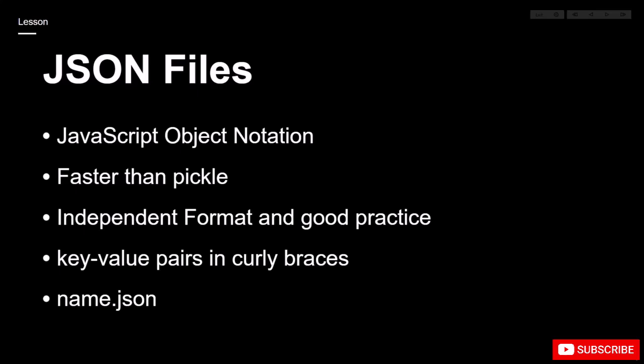JSON stands for JavaScript Object Notation, and this is the extension for any JSON file. You can create a JSON file using Notepad, using any text editor like Visual Studio Code, Atom, or any text editor, or you can use, for example, many programming languages like Python programming language to work with these files easily.